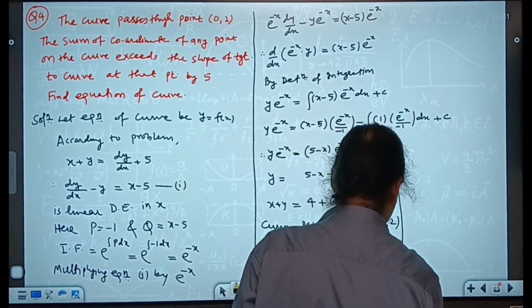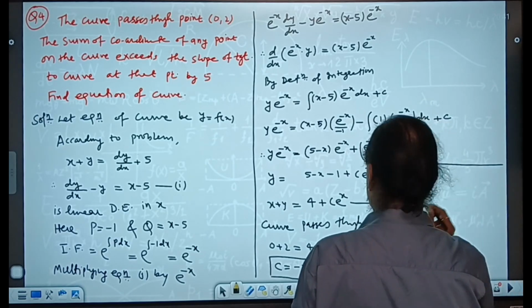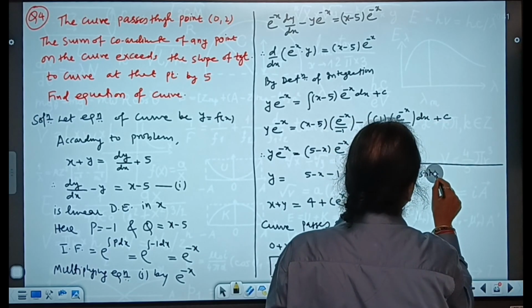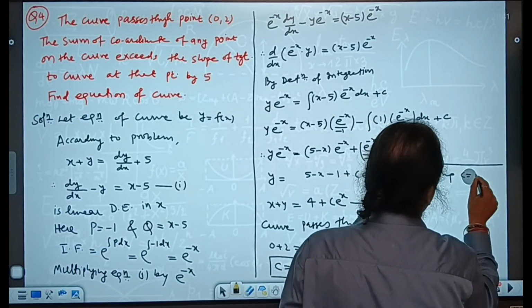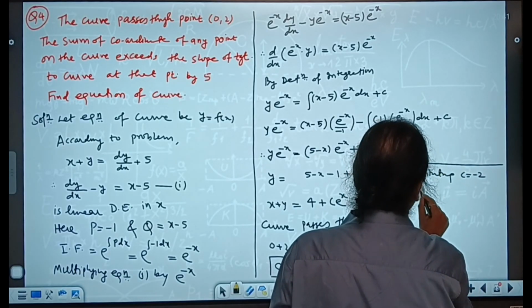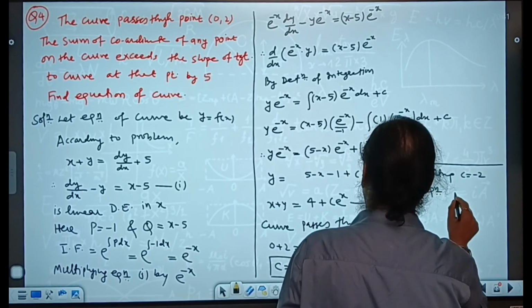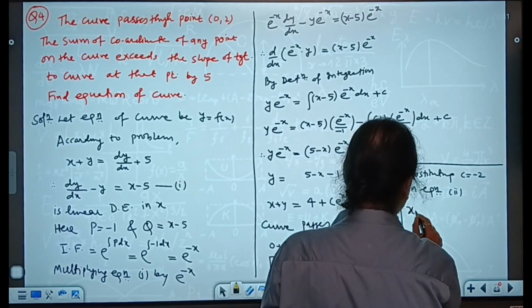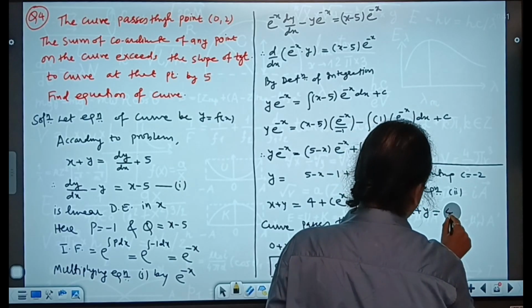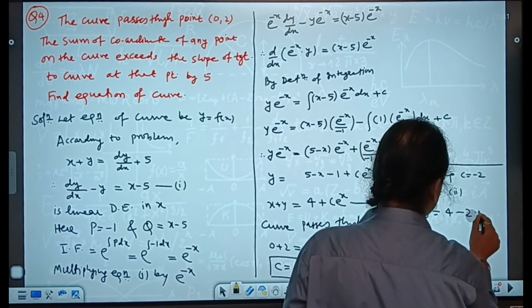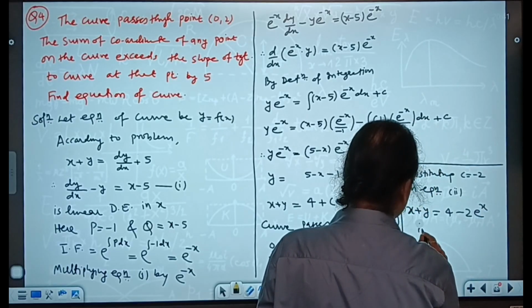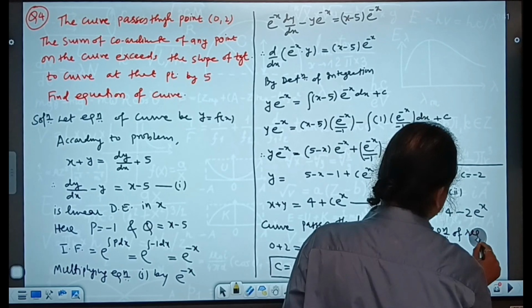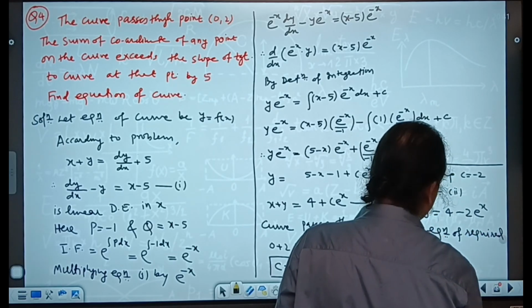Substituting c in equation 2, x plus y minus 4 is equal to minus 2 e raised to x is the equation of the required curve.